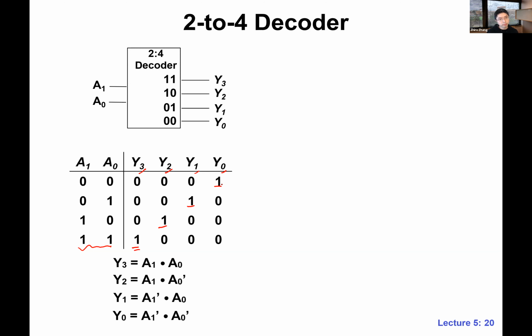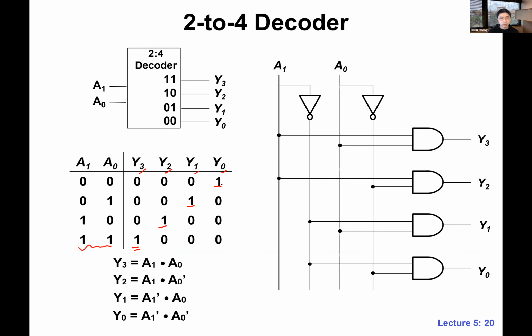What are these terms? In terms of A, it's based on minterms. Indeed, we have an exponential number of minterms. So for 2 inputs, we have 4 minterms, and this directly corresponds to these output lines. And this is how the circuit diagram looks.